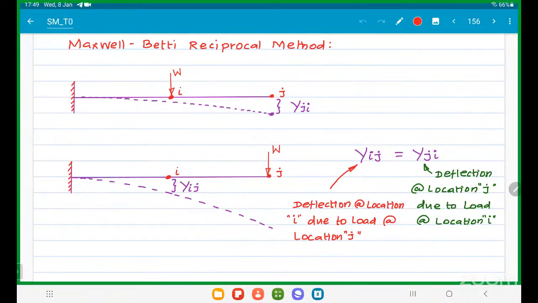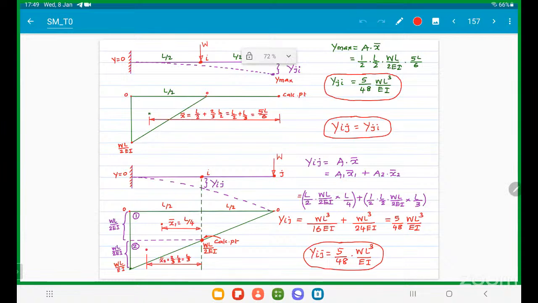Okay. Right. So we did it in the classroom, one of my online classrooms. See here, it is a proof for deflection ij equal to deflection ji.